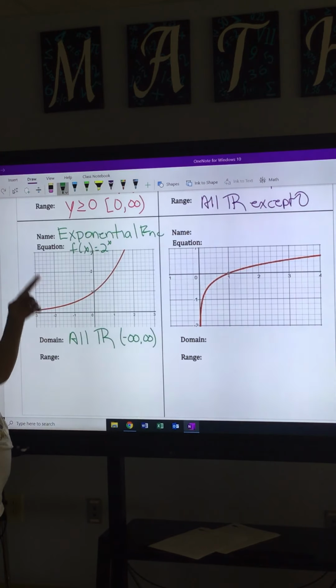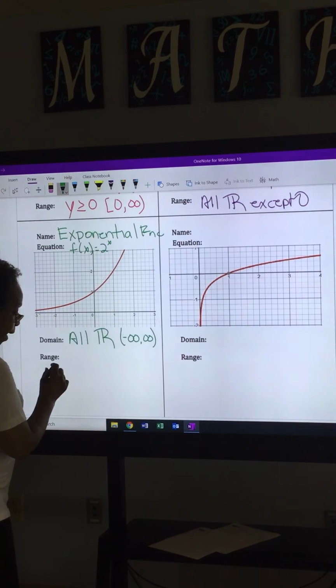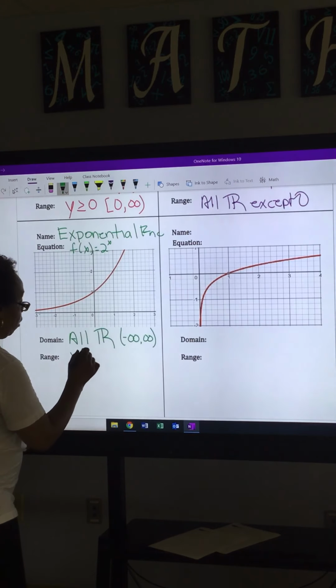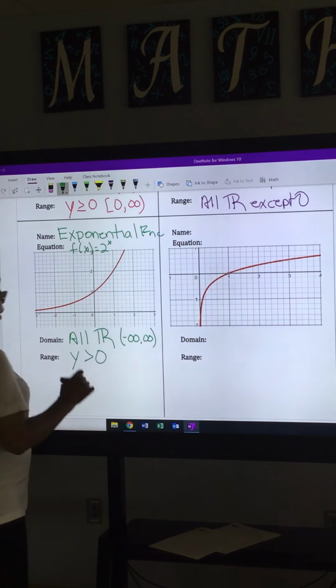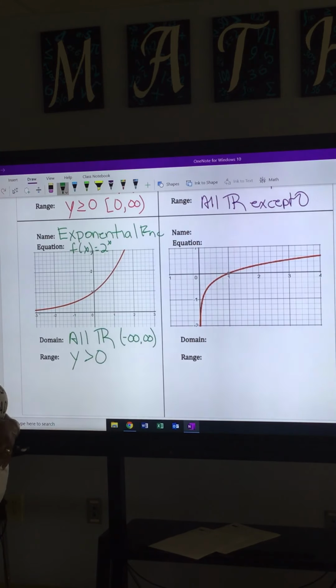This is similar to the rational function in that this graph is going to approach the y-axis, but it never will cross it. And that line it approaches is called an asymptote. So in this case, the parent graph will never touch where y is 0. So in this case, y is going to be greater than 0, but it won't be equal to 0 because it will never touch it, okay?